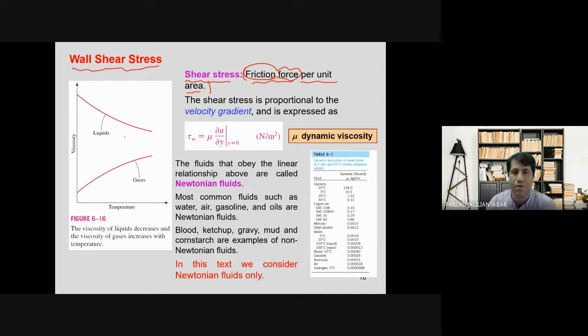And why is it important? Because this tau W is the shear force, or wall shear stress. It will be equal to mu times the partial of u with respect to y at y equal to 0. This means y equal to 0, on this surface.